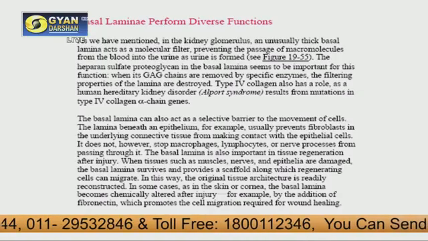You all know that in the kidney, glomerular filtration is one major mechanism. That filtration mechanism is well controlled by this basal lamina. And because laminin is a component of this basal lamina, you can well understand that laminin also plays a major role in this connection.